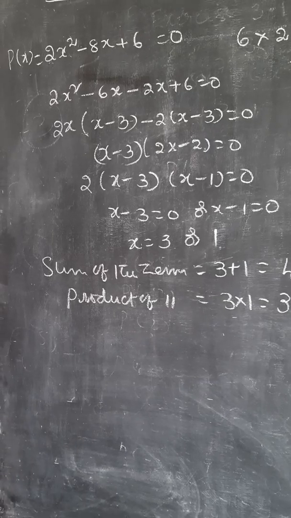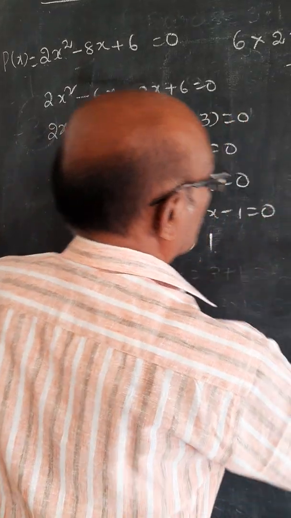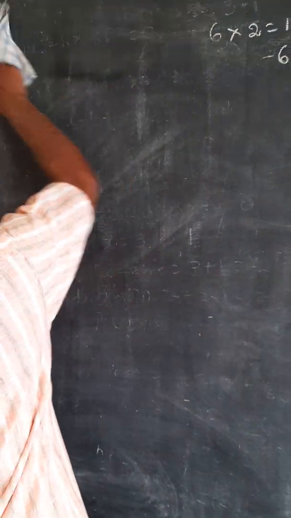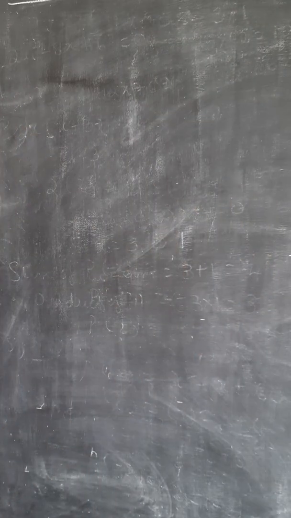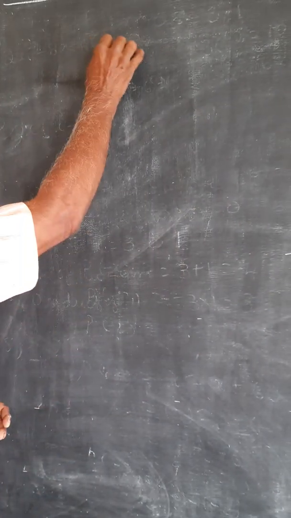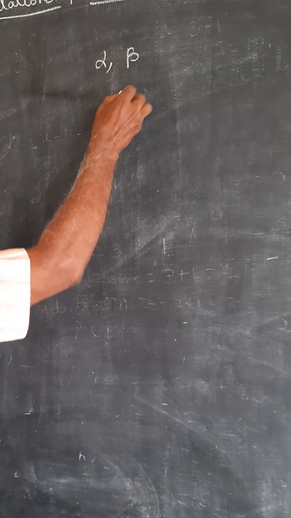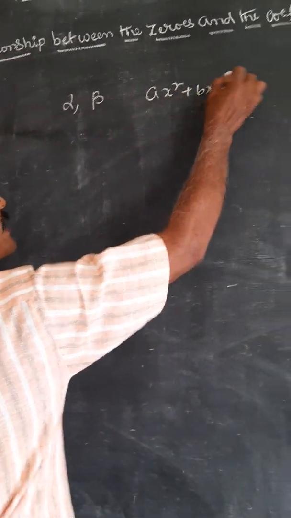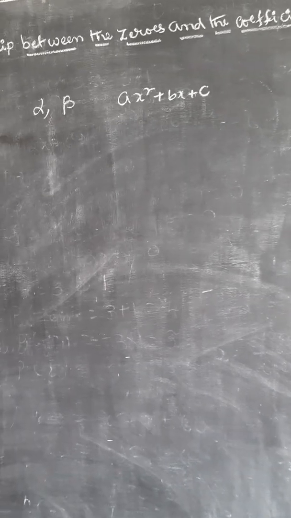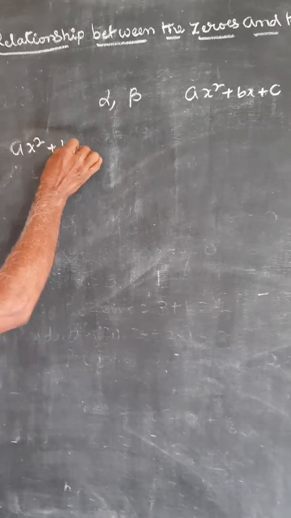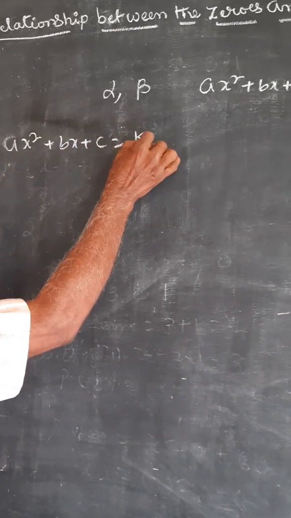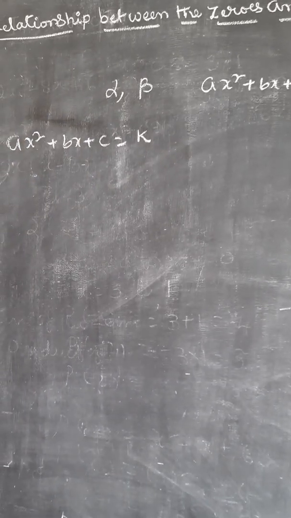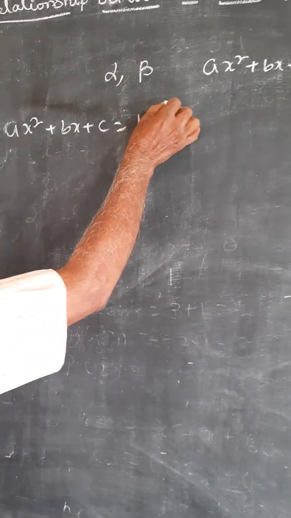Now we will derive the sum of the zeros and the product of the zeros formulas. Suppose alpha and beta are the zeros of the standard quadratic polynomial ax² + bx + c. Therefore, ax² + bx + c = k(x - alpha)(x - beta), since there are infinitely many such polynomials.